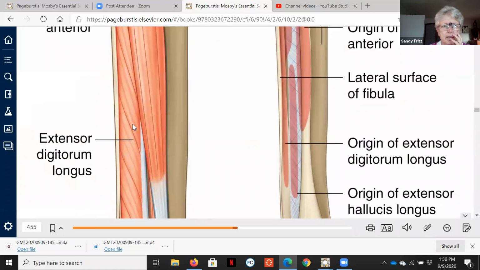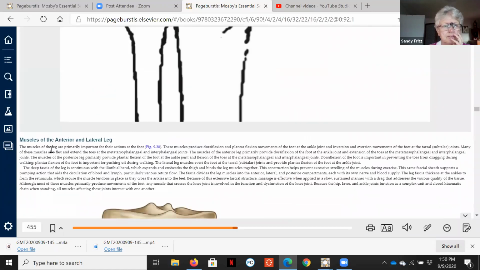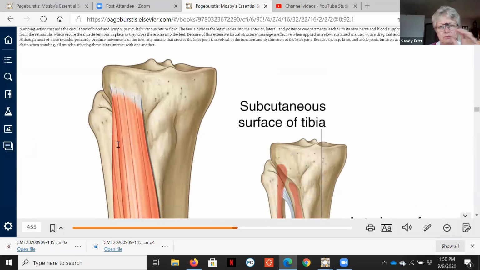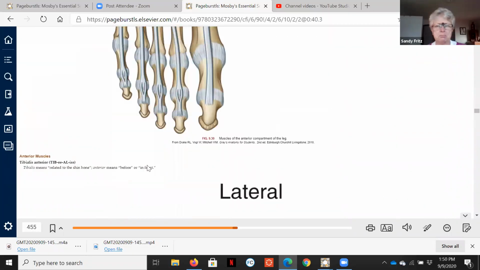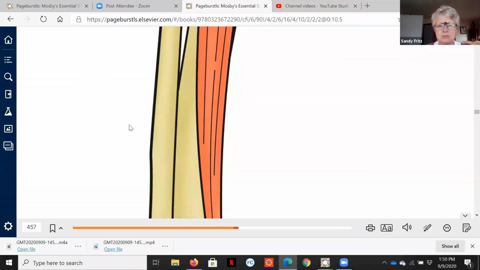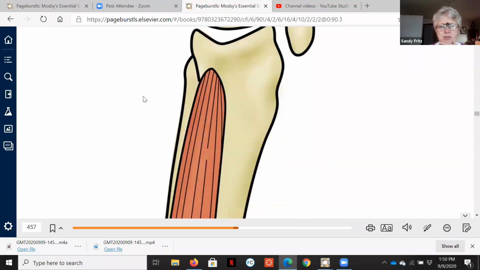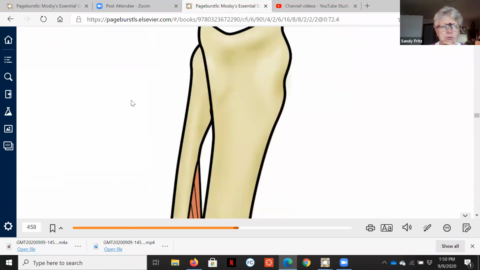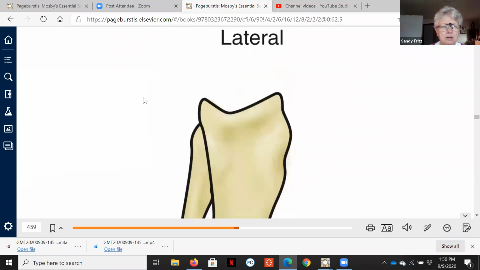Okay, now what have we got? This is the anterior and lateral leg. So we're thinking about the knee flexion. Knee flexion. It's gastrocnemius. We kind of know what that is. That's on the posterior part, isn't it? So we'd have to go hunt for that.